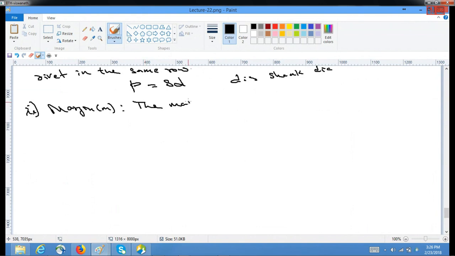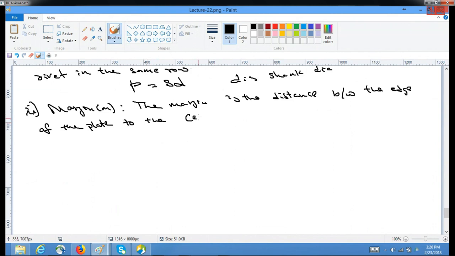The margin is the distance between the edge of the plate to the center line of rivets in the nearest row. Usually this is half of that.